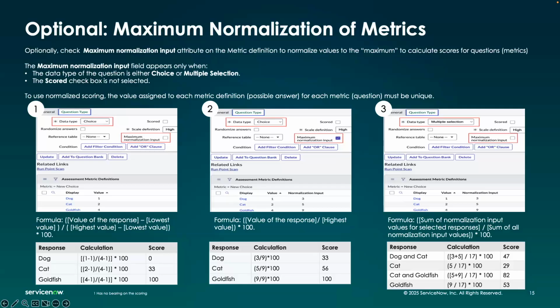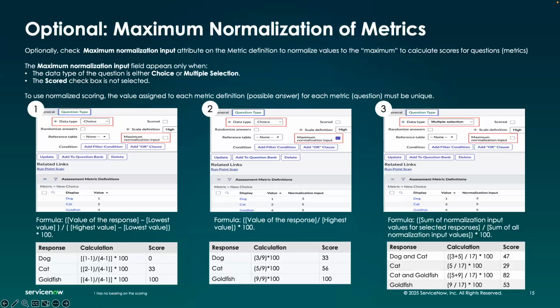The maximum normalization allows the normalization value to be measured on a uniform scale of 0 to 100, thus normalizing values for these data types. Note the formulae for maximum normalization for choice and multiple selection are unique and must be adopted in verification of normalized values. Let's quickly walk through some of these examples.